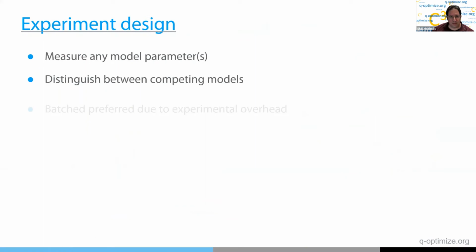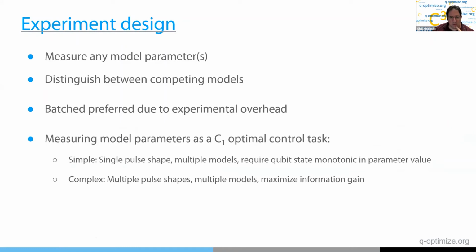So one can think of it as essentially a C1 optimal control task. Now, there is a lot of experimental overhead whenever you send a new set of pulses to the experiment. So we really prefer a batched approach where you prepare several pulses to send to the machine, and only then collect the data, as opposed to a very interactive process.